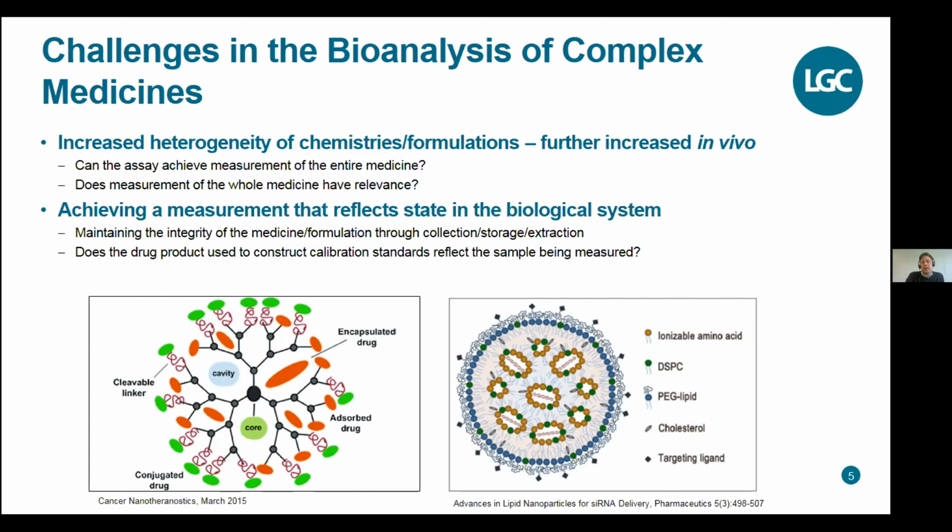And does the drug product we're using to construct the calibration standards really reflect the drug product that is actually in the sample being measured? There are a couple of examples there of a drug dendrimer conjugate, which is potentially slowly releasing encapsulated drug over time, and a nanoparticle as well, which, just through sheer complexity and size, is going to be really difficult to measure as a molecular entity.